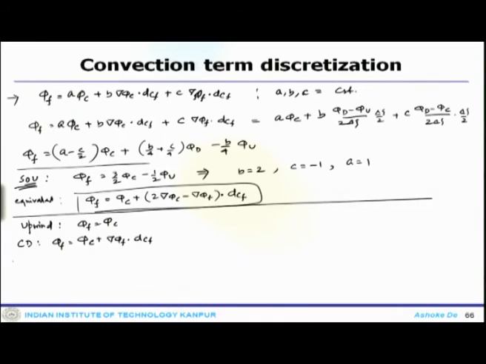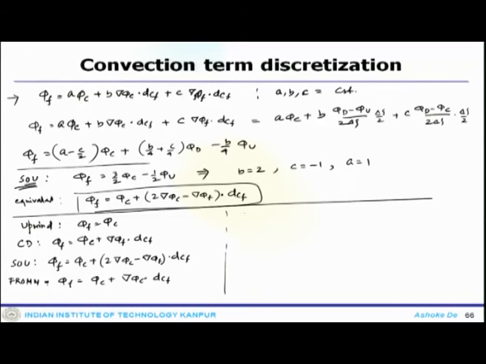Second order we have already written, but for the sake of closure, you can put things together: phi f equals phi c plus 2 delta phi c minus delta phi f dot d c f.